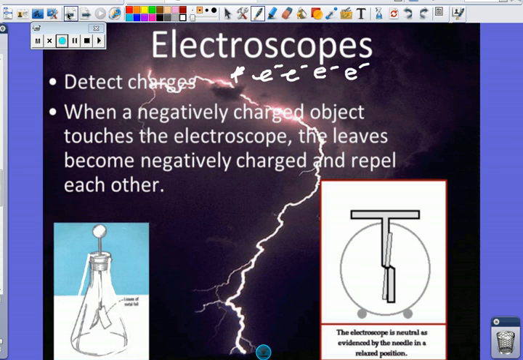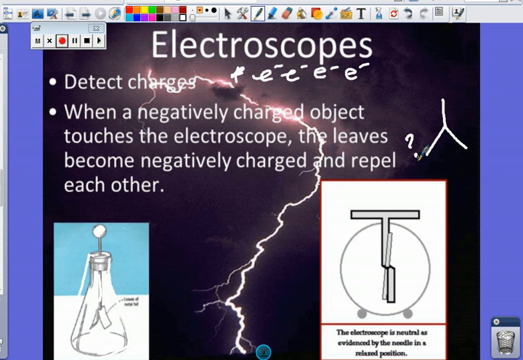What's going to happen is that if those leaves become separated, are they like charges or opposite charges? Well, if they're separated, like charges repel. We're going to test some things out.